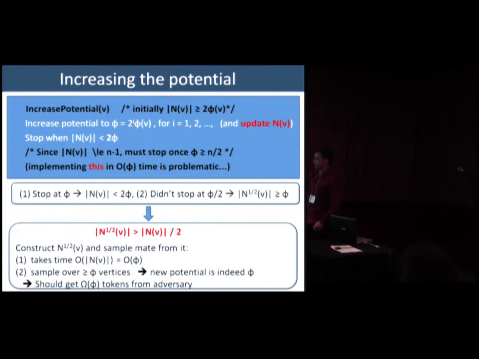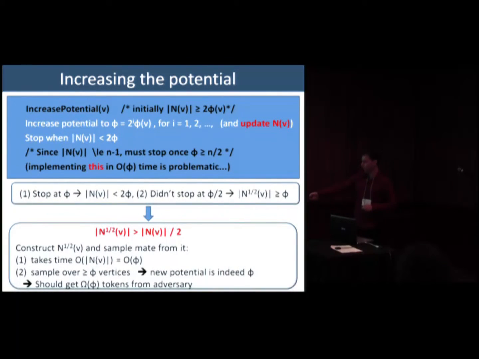And now that we have this new subset, we are sampling a random mate from it. And there are many options to choose from. So we are sampling over many vertices. This means that the new match edge that we are constructing has a high potential. It's indeed phi as we wanted it to be.